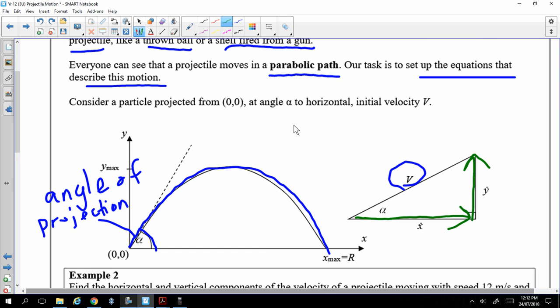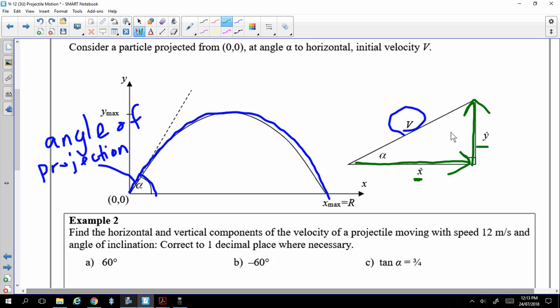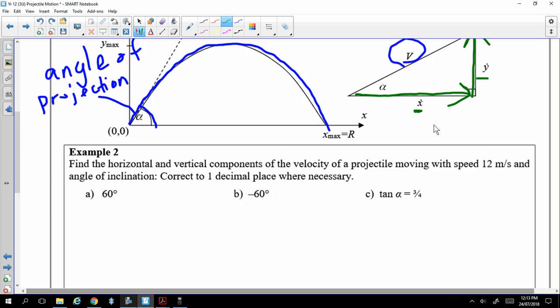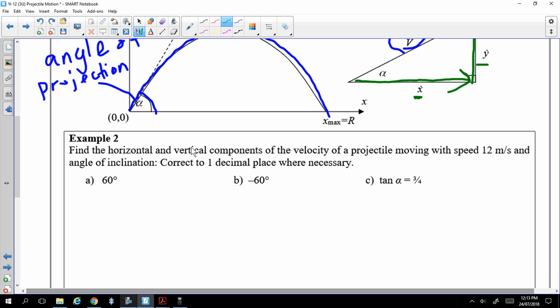Let's look at some simple examples. Find the horizontal and vertical components of velocity moving with speed of 12 meters per second at an angle of inclination of 60 degrees. Let's draw the diagram. You throw something in the air at 12 meters per second, and you're going to find out what the horizontal speed is and what the vertical speed is.